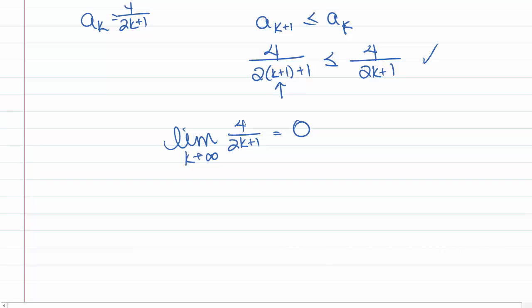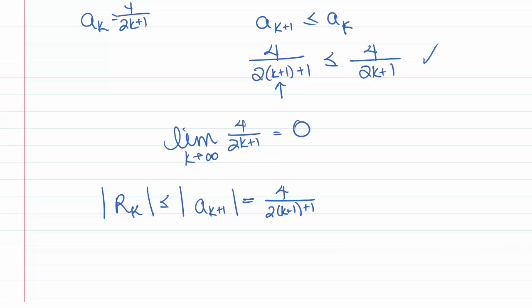So we know that the absolute value of the remainder for the kth term is less than or equal to the absolute value of a sub k plus 1, which was equal to 4 over 2k plus 1 plus 1. And now we want to figure out what that means for n. There's no weird factorials or anything here.